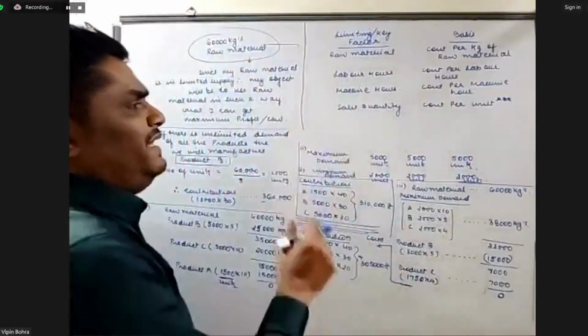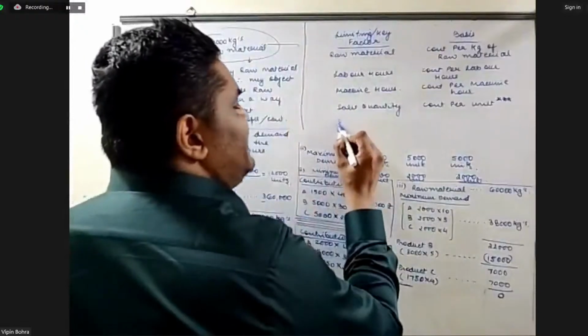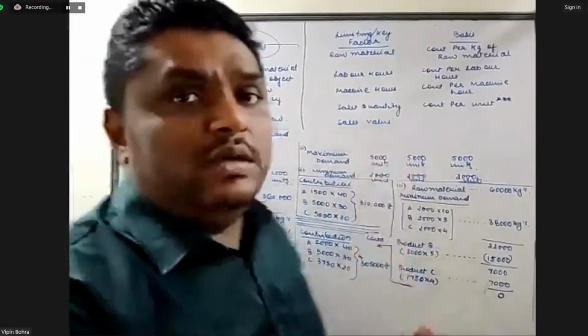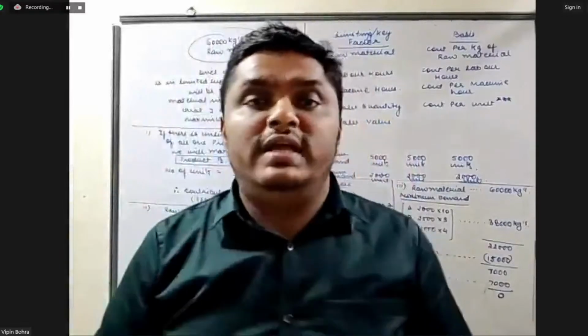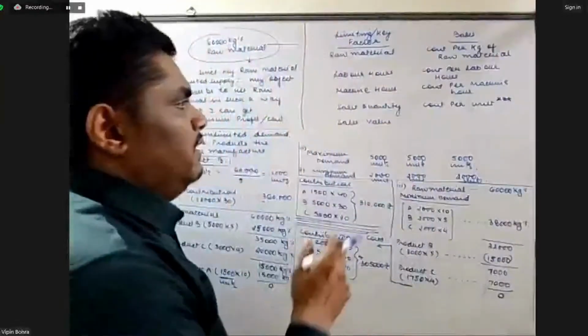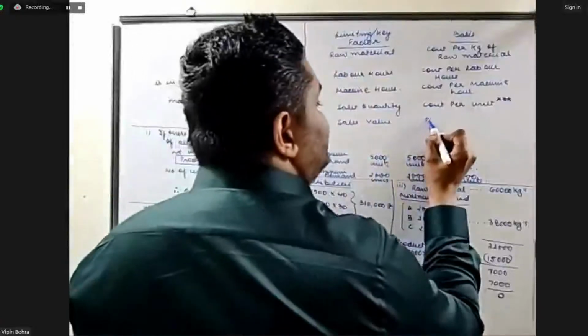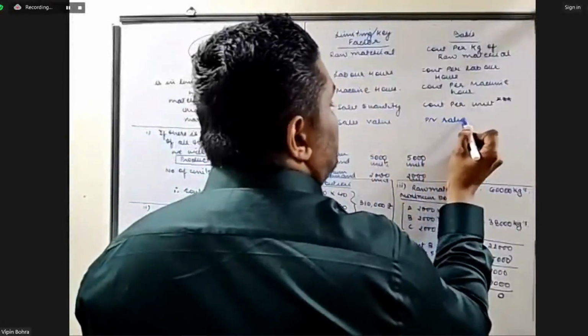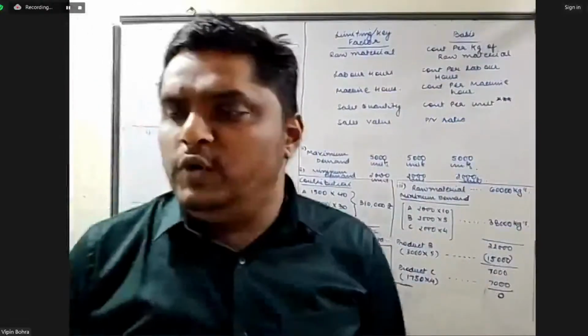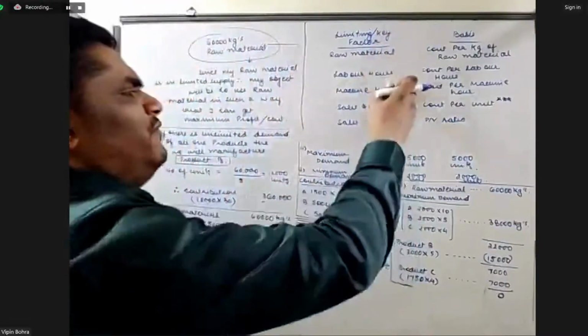Further, if my limiting factor or key factor is sales value, I cannot cross a certain turnover in my sales. If that is the case, then my PV ratio will be the basis of decision. So these are the points you have to keep in mind when talking about the first 3 points.